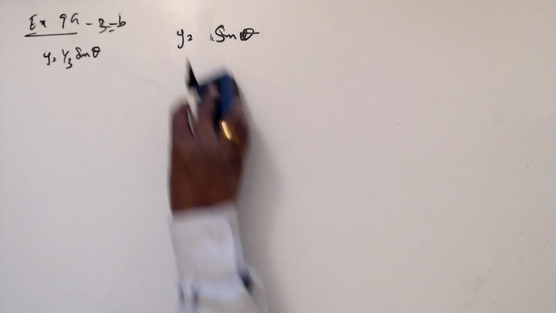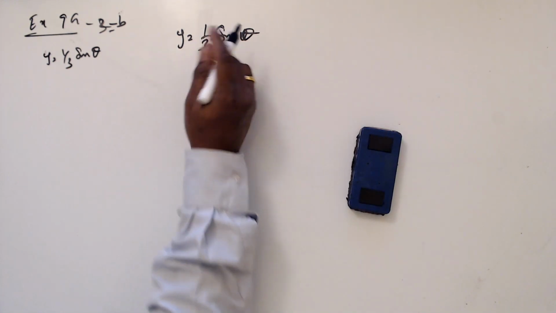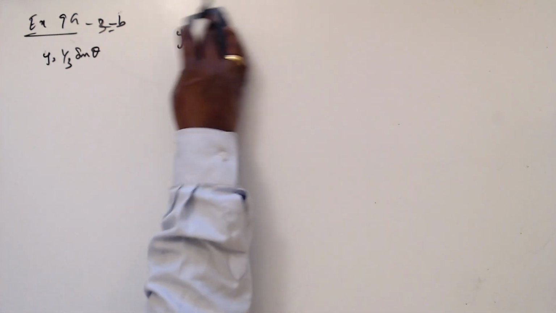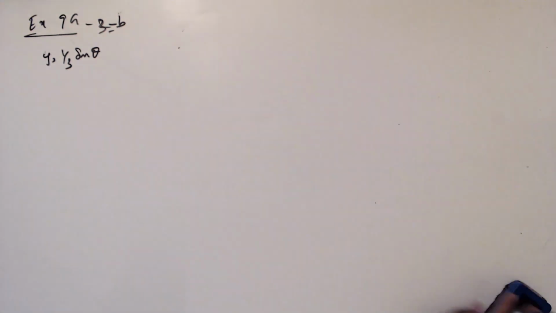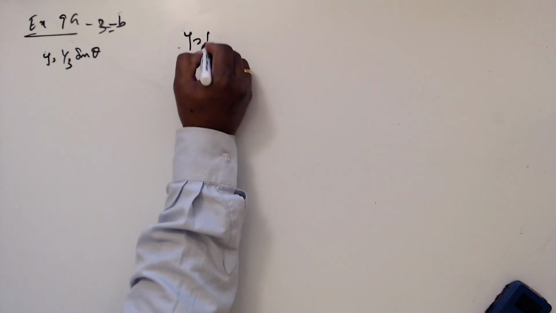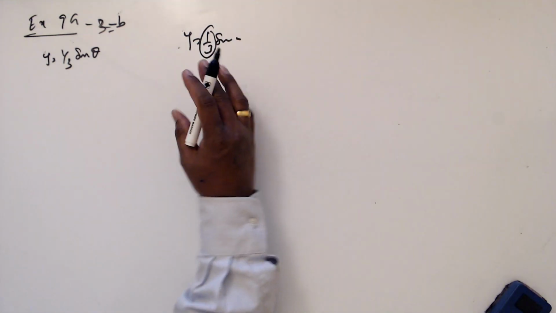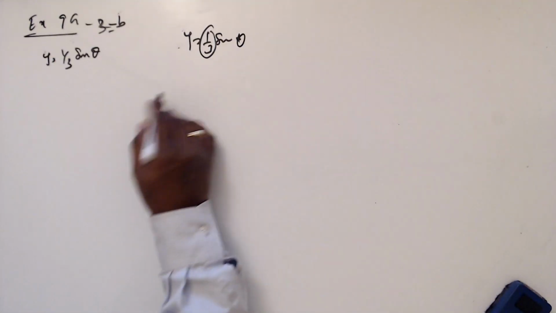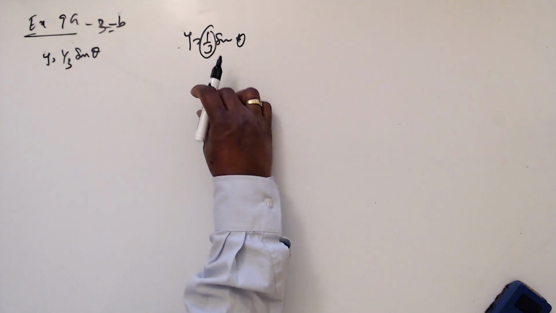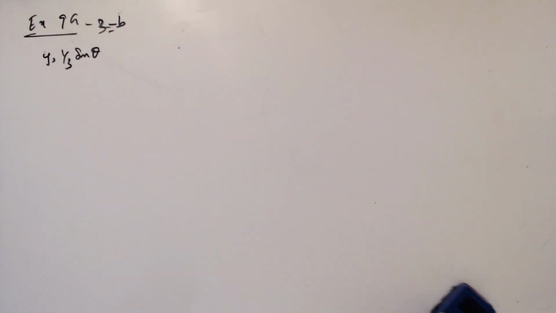But if a is 1/3, the graph is becoming smaller. Graph in the sense the y value. The theta value stays the same and the y value changes.